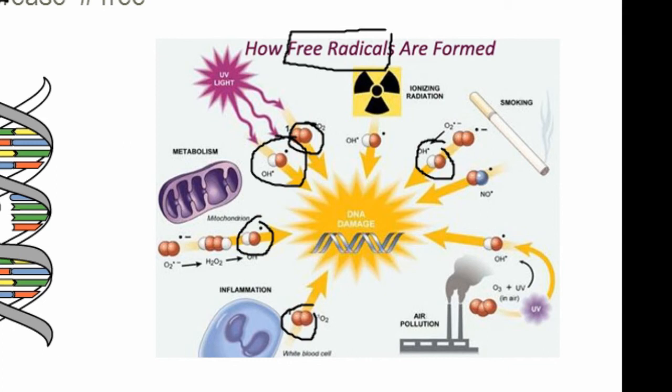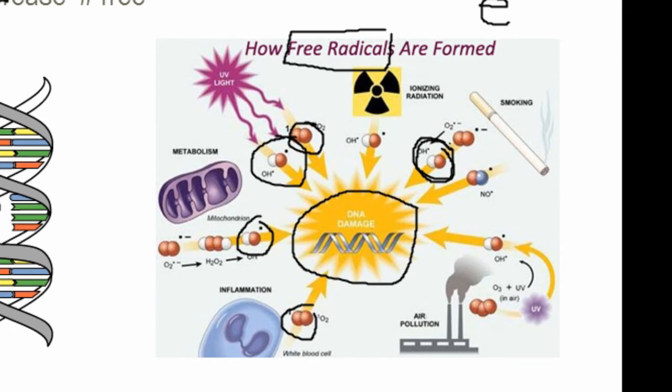When they're not happy, they start trying to fix their problem immediately. And the way that they do that is they head straight inside your cells to the DNA. Since it's a positively charged molecule, what it's looking for is electrons. If you remember back from chemistry or physical science, electrons are negatively charged.